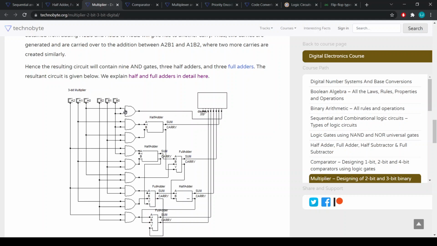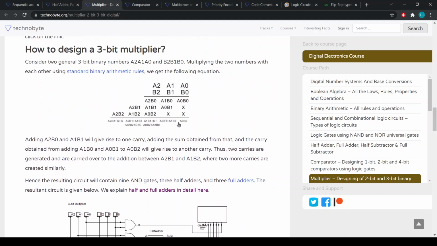Okay, now our last digit here, which is in this segment here, is directly connected to this. Why is that? Since it is the last digit and you don't have anything to add to it.